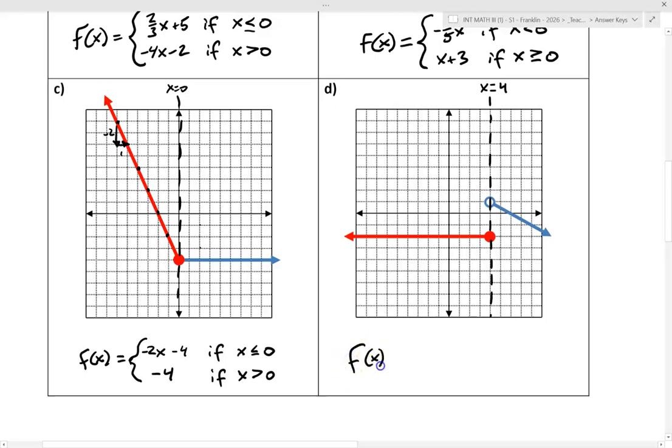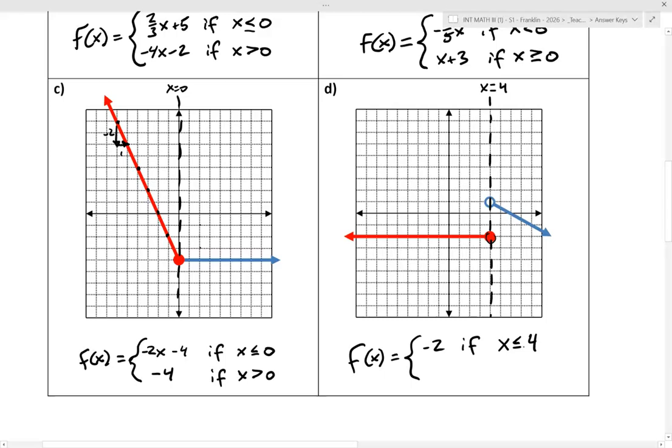First of all, I have f of x equals something. And let's figure out the less than. Well, it's just a horizontal line again down here at negative 2. So the function is equal to negative 2 if, and it is filled in again, x is less than or equal to 4. I have a filled in circle, so I use the equal to bar.